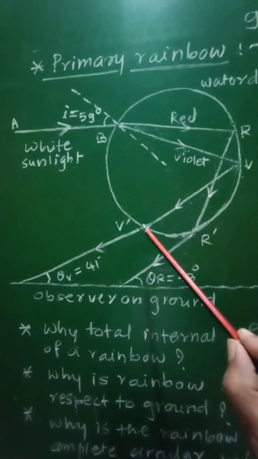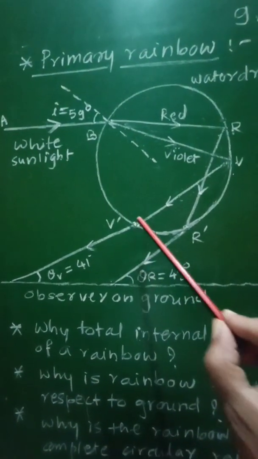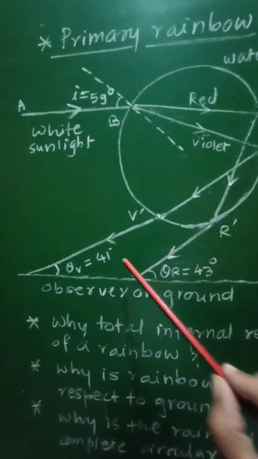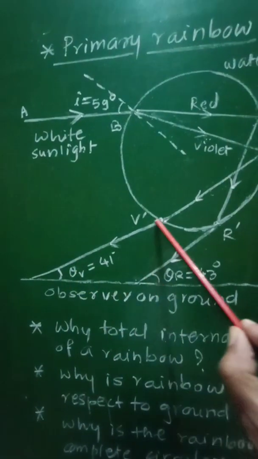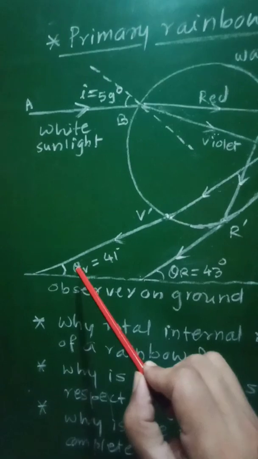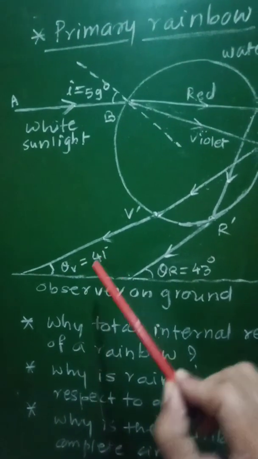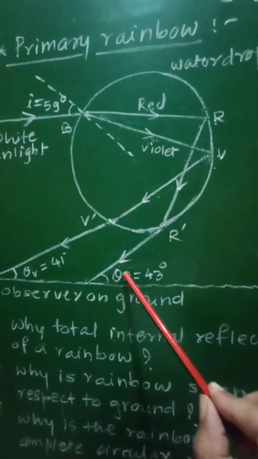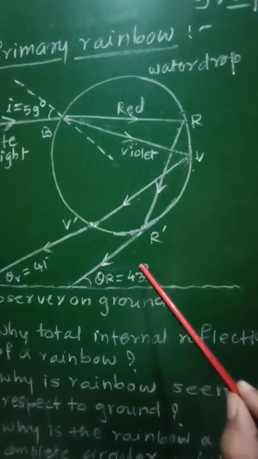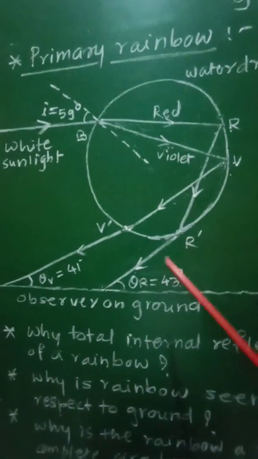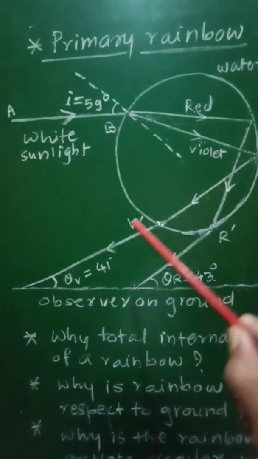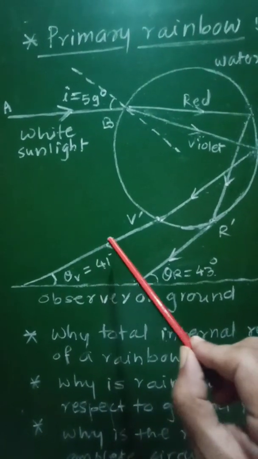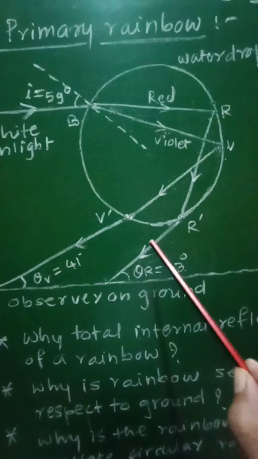When R dash and V dash emerge out and are observed by the observer on the ground, the violet color will make an inclination theta v equal to nearly 41 degrees with the ground, and the red light will make theta r as the inclination, which is equal to 43 degrees with the ground. So when this rainbow is observed by the observer on the ground, the inner arc will be violet and the outer arc will be red.